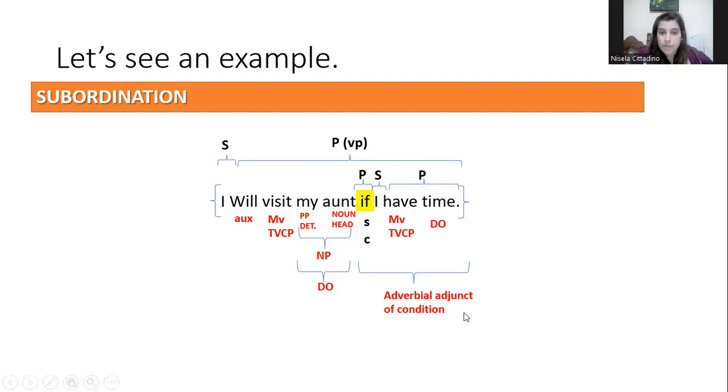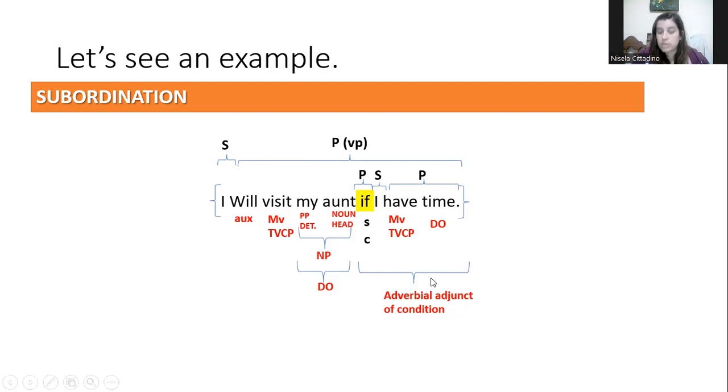Adverbial adjuncts can be words, phrases, or clauses that modify an entire clause by providing information about time, place, manner, condition in this case. So if I have time is an adverbial adjunct of condition.